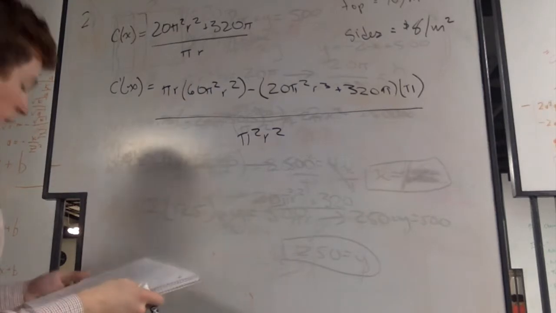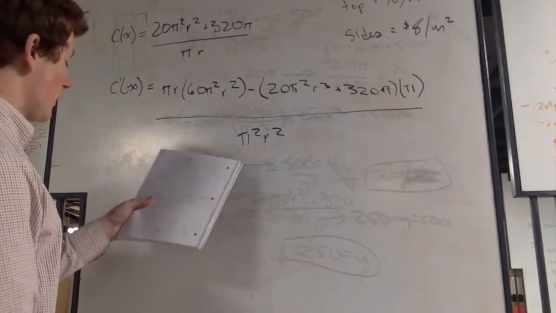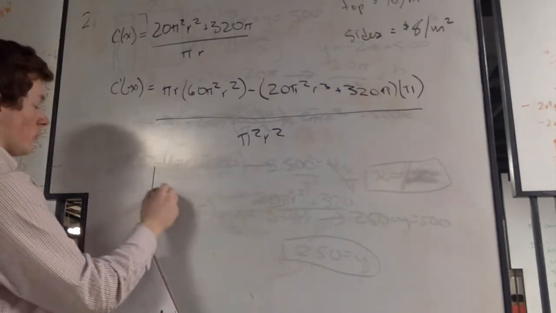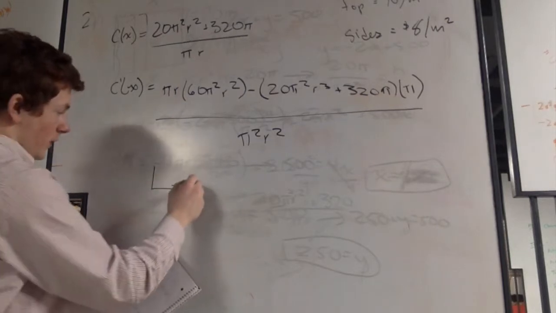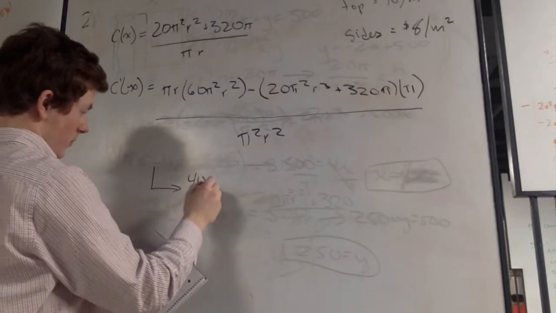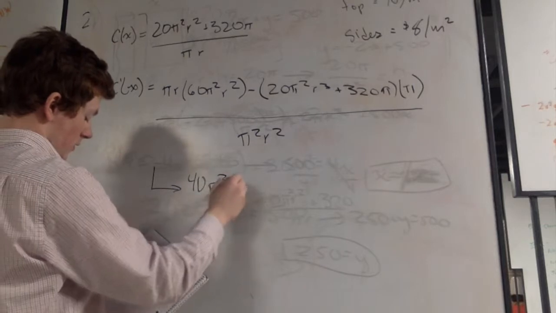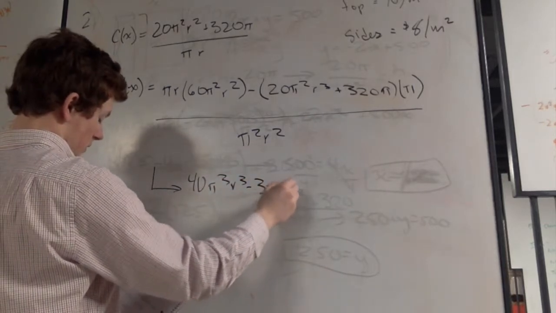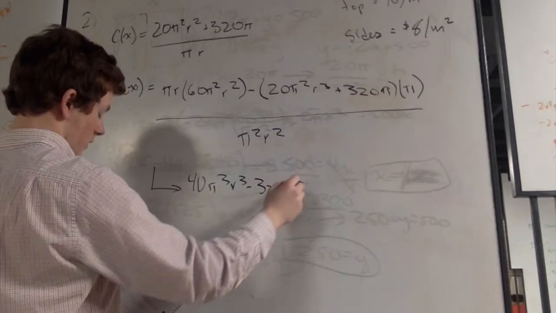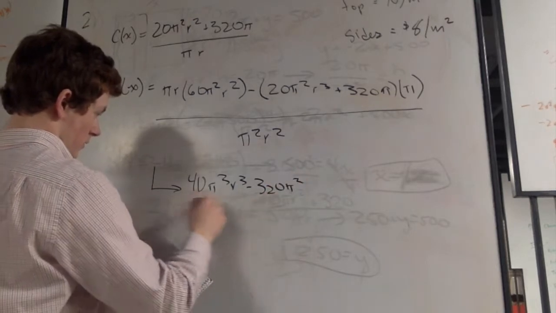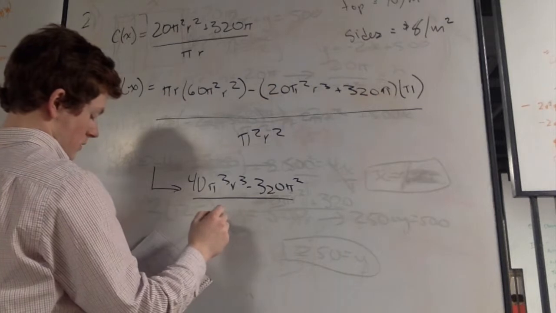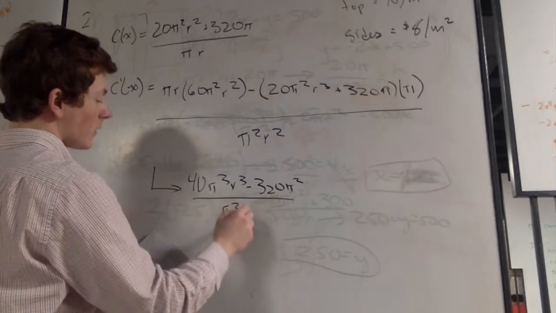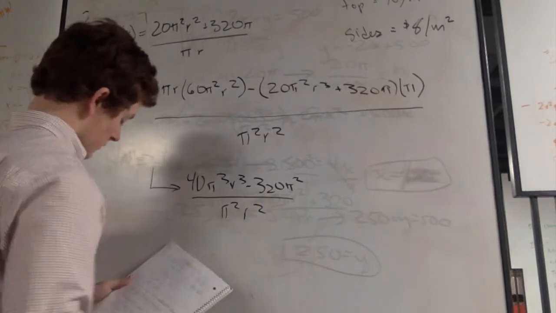And then I'm going to skip the simplifying because there was quite a bit that went on. And that just goes to 40 pi cubed r cubed minus 320 pi squared over pi squared r squared.